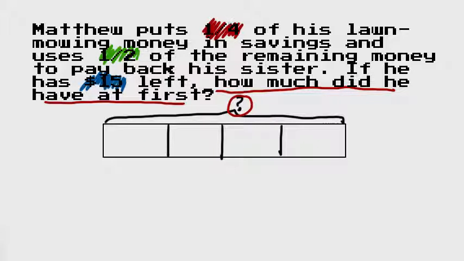And I split it up into fourths because a fourth was put in savings. So here's the fourth that's put in savings. So we're just going to call this box right here savings. Then he's got this amount.